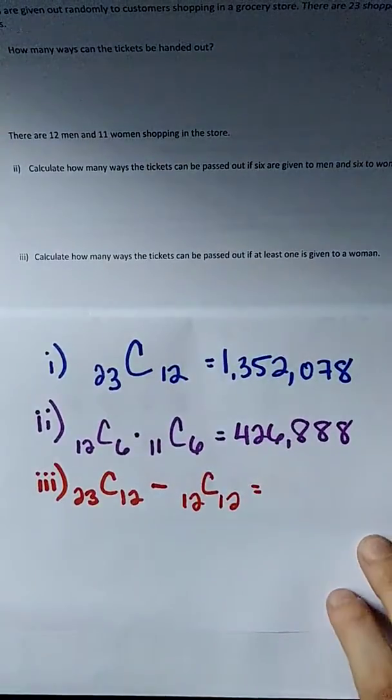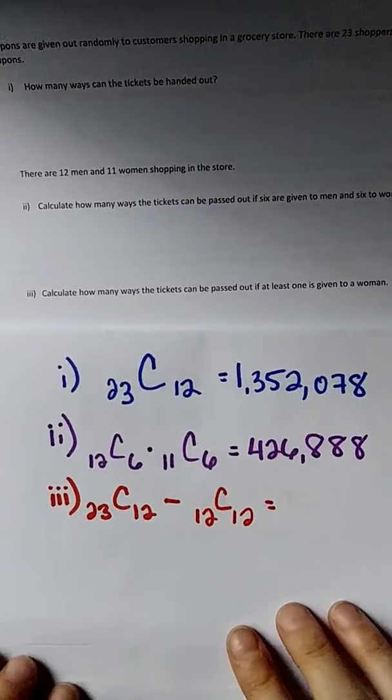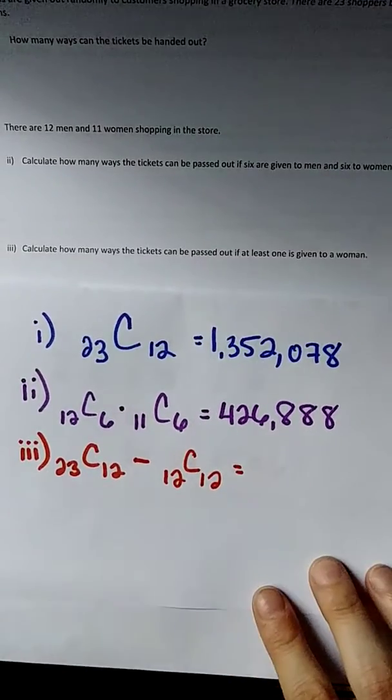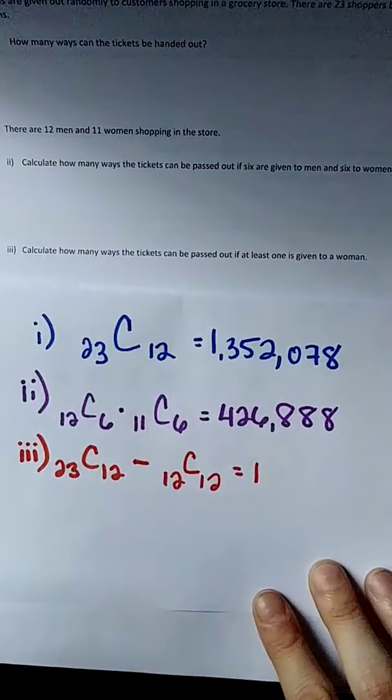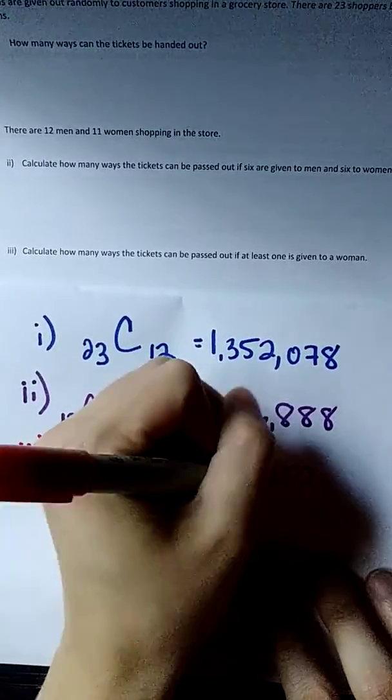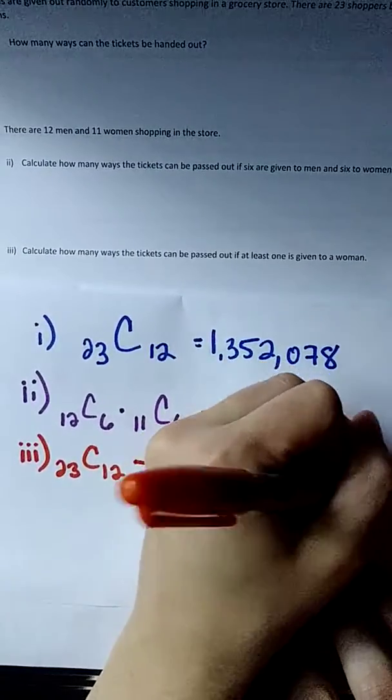So if I type this in the calculator, we have 23, choose 12, and we're going to subtract the number of options if we have 12 people and we choose all 12 of them. So our final answer here is going to be 1,352,077.